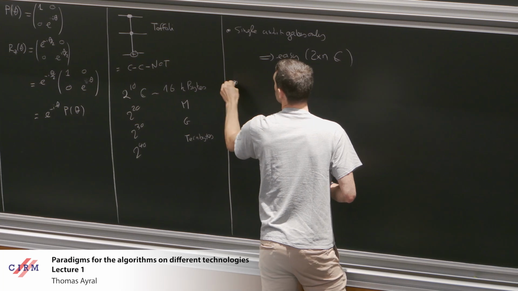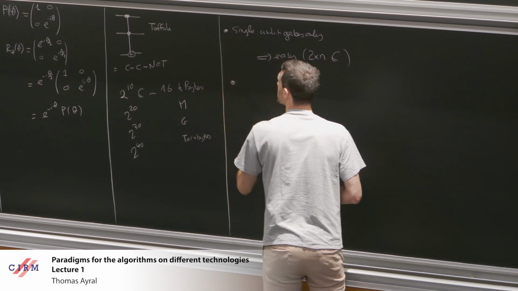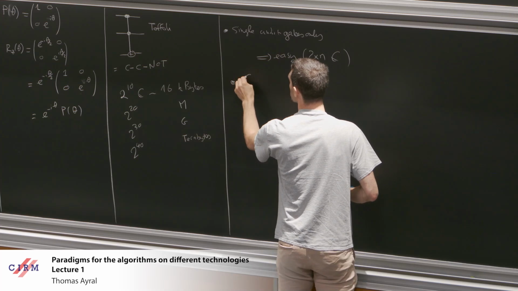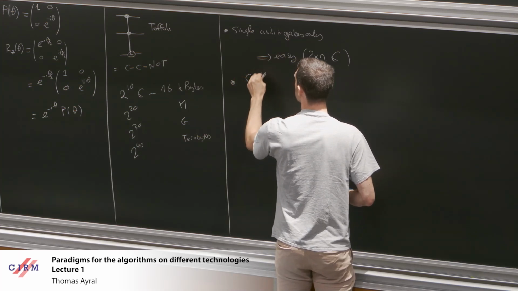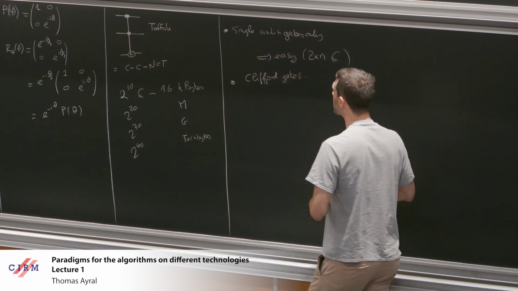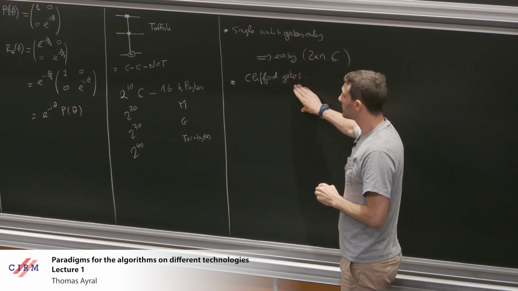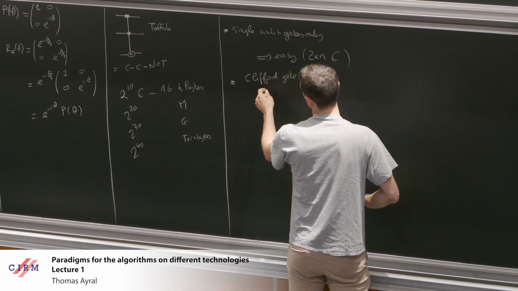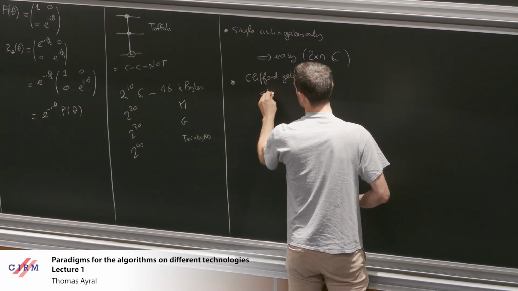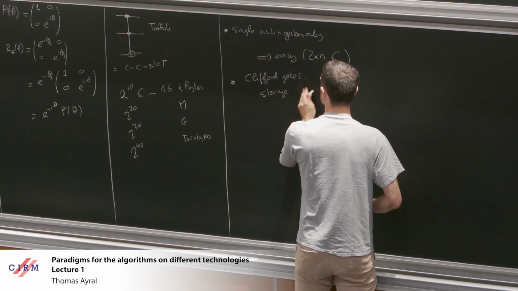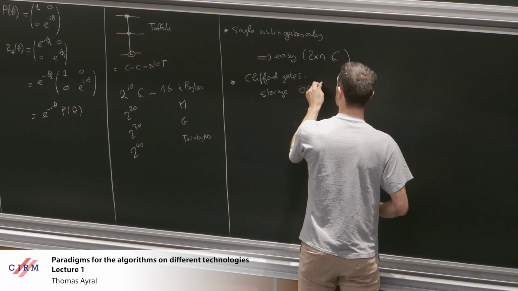Now there's another class of circuits which is very easy to do on classical computers: quantum circuits with gates which are called Clifford gates. Clifford gates are a particular class of gates which is easy to do on classical computers. The storage cost of this, I'm not going to go into too much detail, is proportional to n squared.